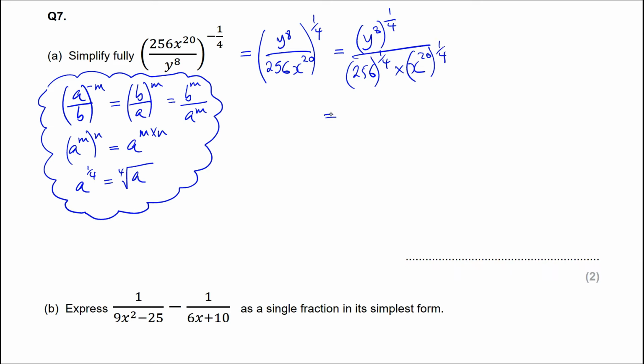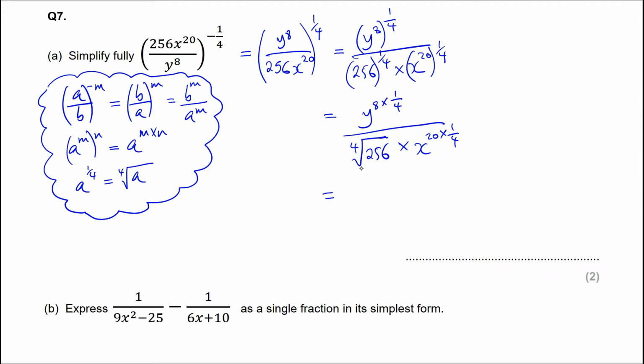So, and this is the same as y to power 8 multiplied by a quarter over, here you can just find the fourth root of 256, and here you have x to power 20 multiplied by a quarter.